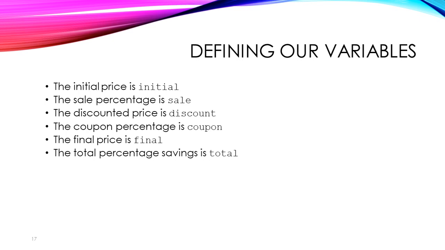The sale percentage, we're just going to call sale. The discounted price, we're going to call discount. The coupon percentage, we're going to call coupon. The final price will be final. And the total percentage savings, we're just going to call total.